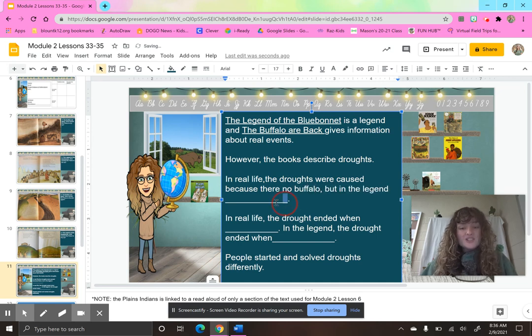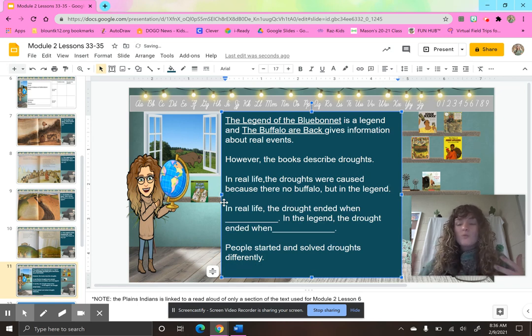But in The Legend of the Blue Bonnet, what caused the drought? Look at your evidence. What caused the drought? Tell me in the puzzle.